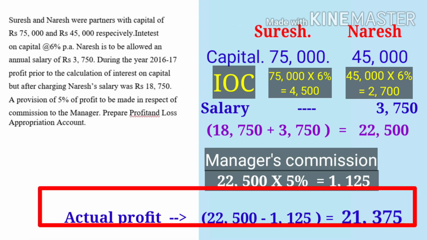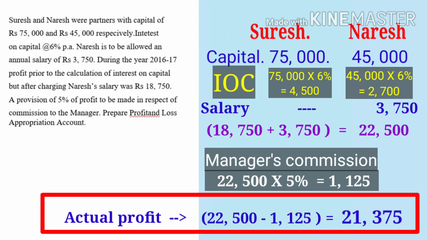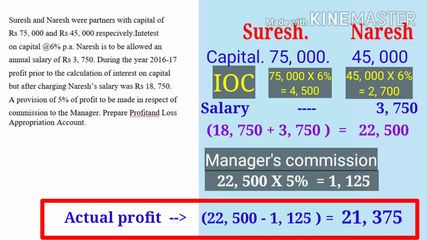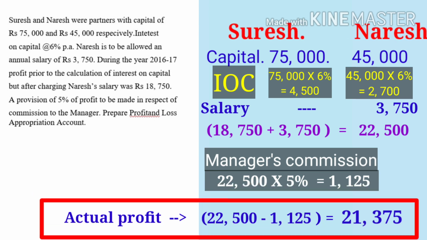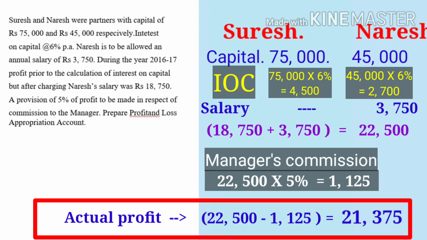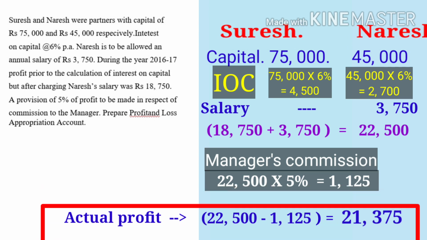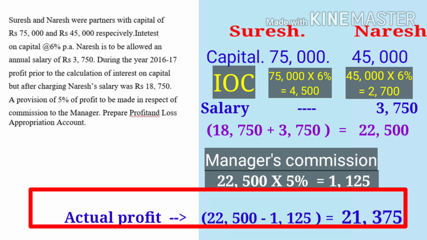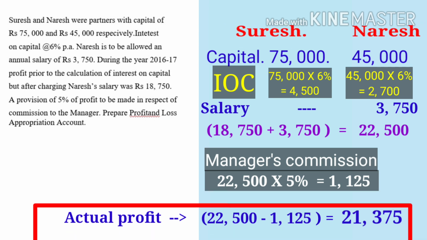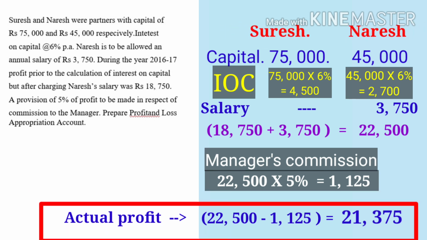Expenses not related to the partner, or any expenses that are related to the profit and loss account, should be deducted from net profit, and any expenses that are related to a partner but were charged before making the profit and loss account should be added back to the profit. Now we have to record these items into the profit and loss appropriation account and distribute the profit among partners.